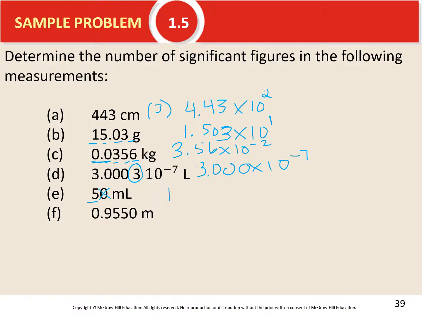The 0 is not counted because it is a trailing 0 and there is no decimal present. Letter F has 1, 2, 3, 4 sig figs. This is not counted because it's a leading 0 and there's no other number to the left of it.